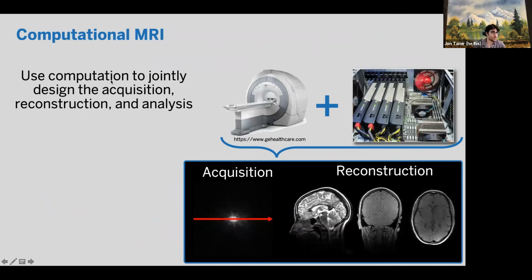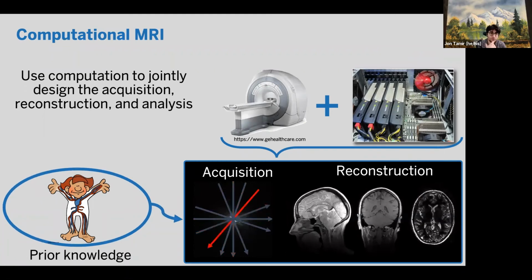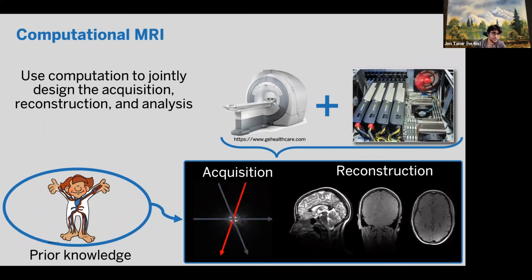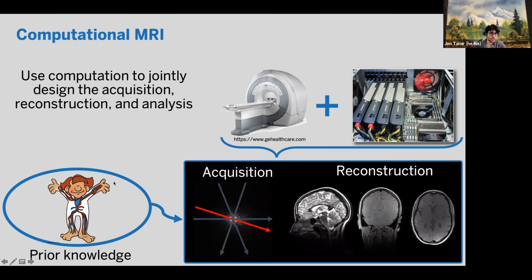Computational MRI is the idea of using computation to jointly design the acquisition, the reconstruction, and the analysis. So we take the imaging system, we pair it with heavy computation, and then we redesign the way the data are acquired, and what we do with that data, how it's reconstructed. We use prior knowledge, in particular what we're actually imaging, to inform the design of the acquisition and the reconstruction.